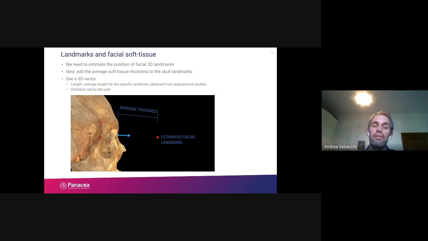We estimate the position of facial landmarks, starting from the cranial landmarks that correspond to them. Then we add a vector whose length is the average thickness of soft tissue, and for the direction, we use the direction of the soft tissue again.